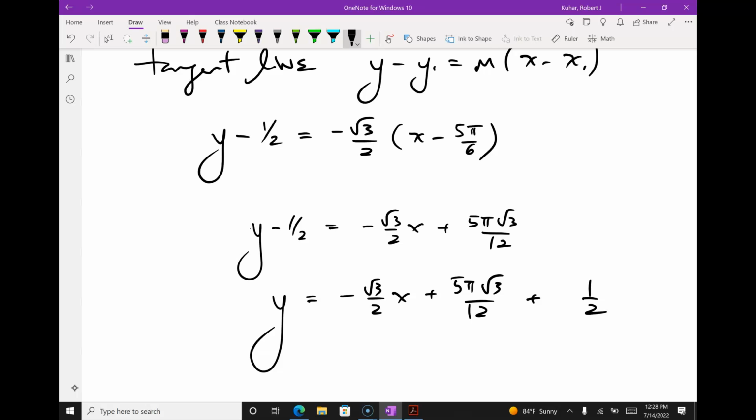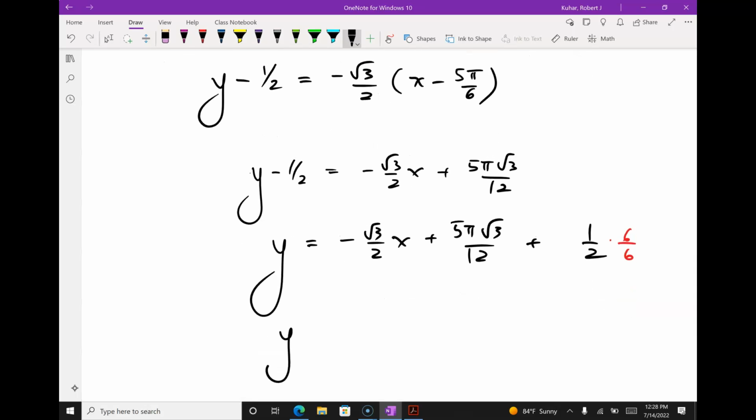Obviously I need an LCD, so I need 6 over 6 to get to 12 downstairs. So final answer, y equals minus rad 3 over 2 times x plus 6 plus 5 pi rad 3, all over 12.